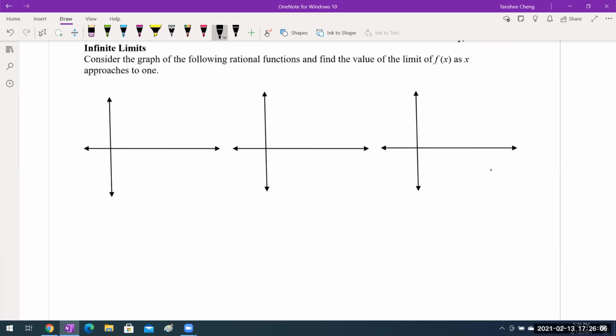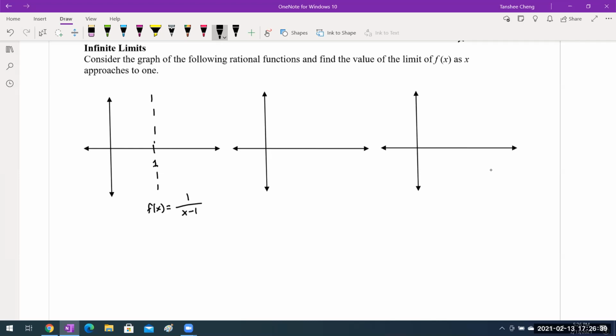For example, here's a 1, and that is a vertical asymptote for some function such as f of x equals 1 over x minus 1, a rational function. So clearly at 1, the function is not defined, and the limit in this case will not be defined either.